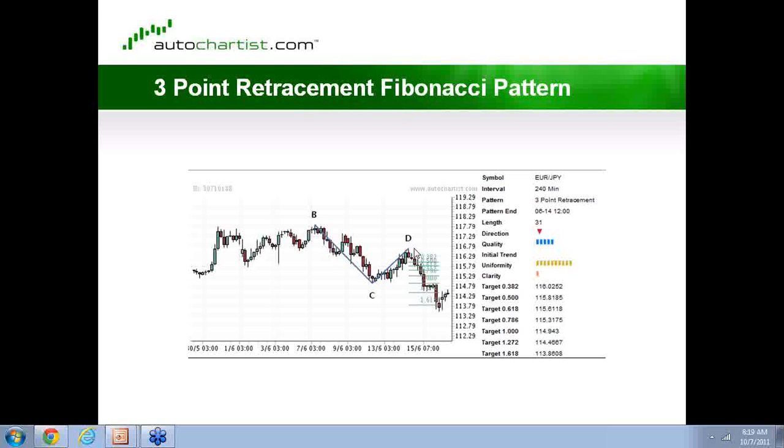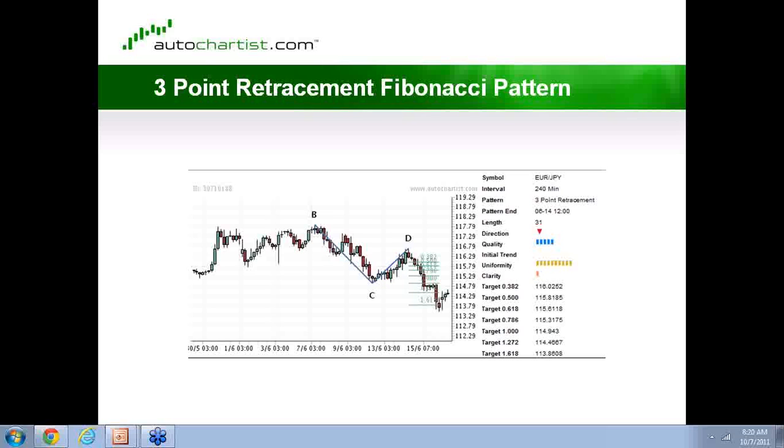As I said, price and time are very important. It's important to have these symmetrical patterns. And what AutoChartist does is it tries to predict point D, which I'll show you on the live data, in the emerging section of the screen. And what that does is, after point D is actually identified, it gives us a forecast of a retracement of point C and D. Okay?